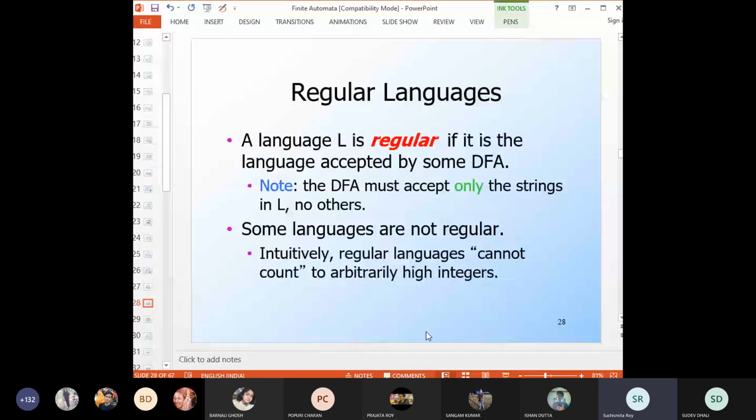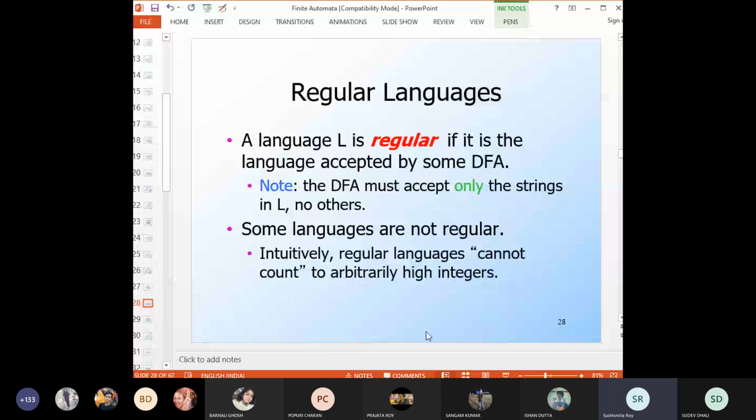Now, any language which is accepted by a finite automata has some kind of regular pattern to it. All the strings of this language follow some kind of pattern. For example, all the strings might end in ing, or in the last case, if you go through the strings, you will never find 2 consecutive ones.